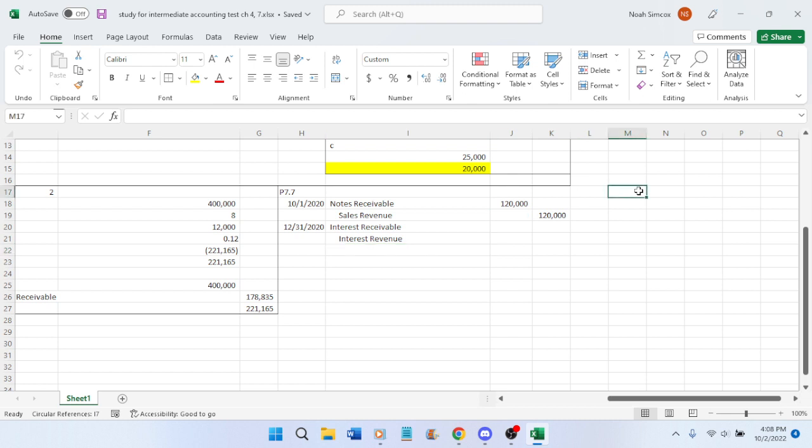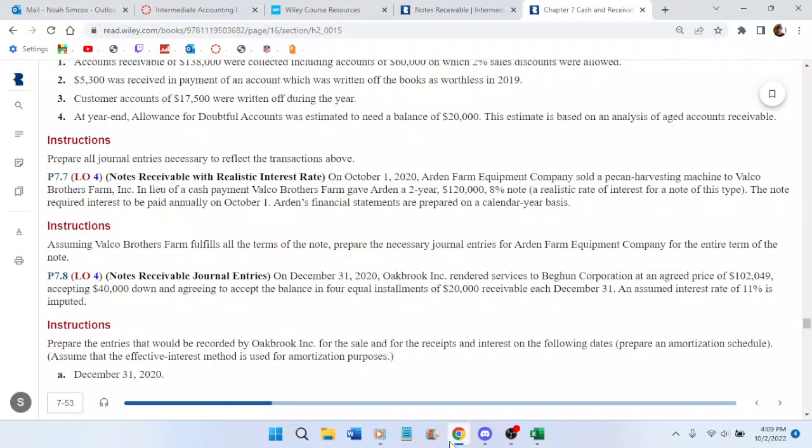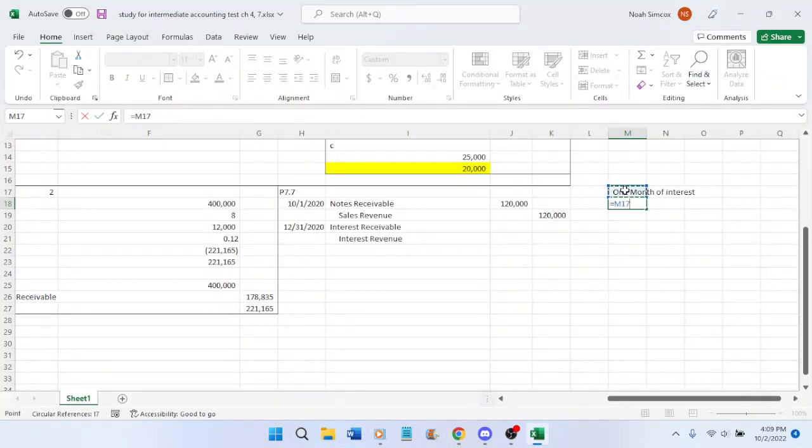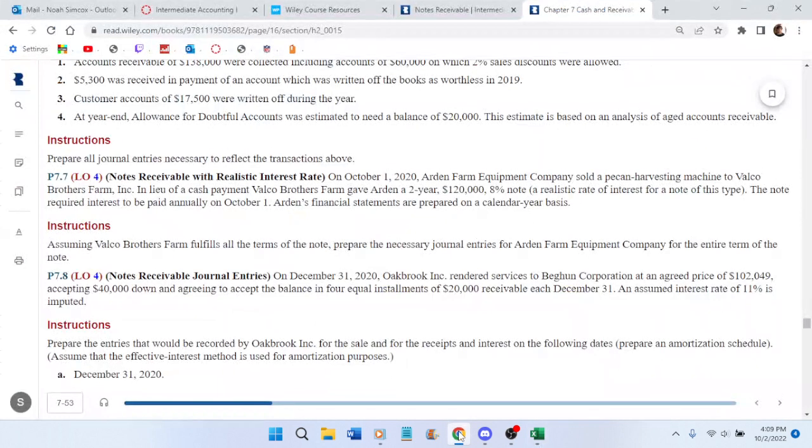You have 1 month of interest equals 0.08 total interest. 0.08 times 120,000.